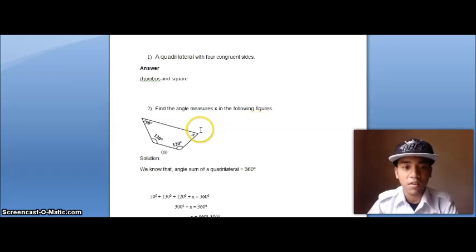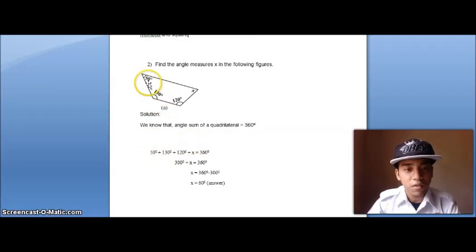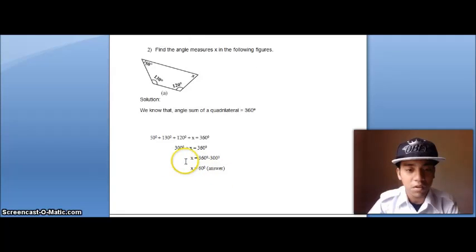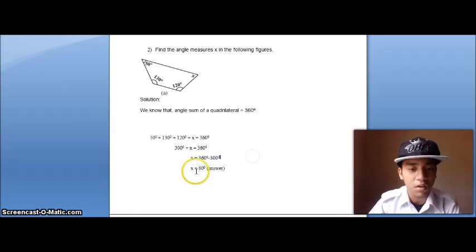First step, 50 degrees plus 130 degrees plus 120 degrees plus x, and the sum of a quadrilateral is 360 degrees, right? So the sum is 300, so from here we can say that x equals 360 degrees minus 300 degrees, and the answer is 60 degrees. Easy to remember and easy to calculate.